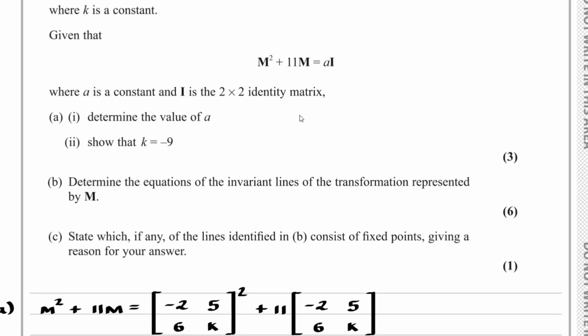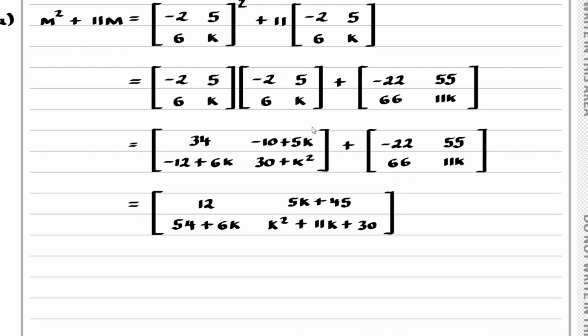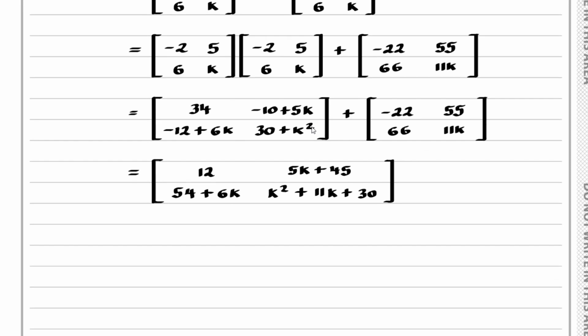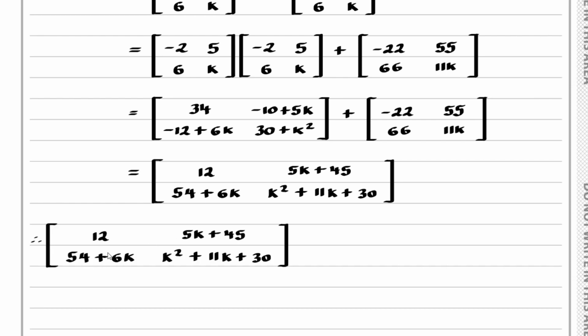So if we go back to our equation, that's what the left hand side is equal to. And we need to set this equal to a multiplied by the identity matrix. So we have M² + 11M shown here, and this is equal to a times the identity matrix (a, 0; 0, a).